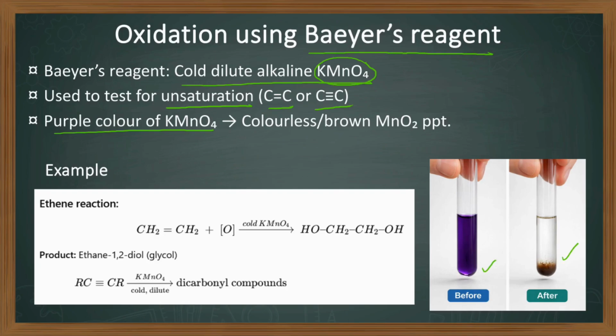The decolorization of permanganate takes place, and this shows that the given compound contains either C double bond C or C triple bond C. Bayer's reagent oxidizes the C double bond C and C triple bond C, therefore the decolorization of permanganate occurs. Sometimes you may see a brown precipitate settling at the bottom as well.